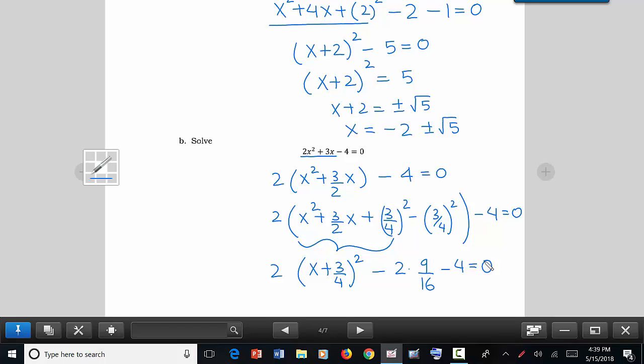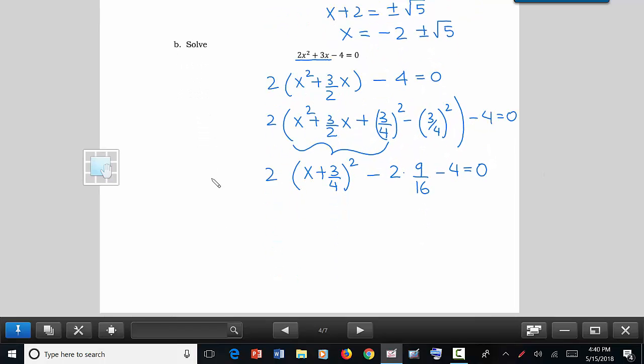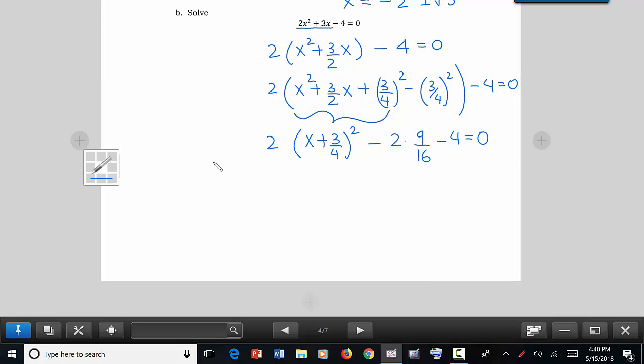Now it's all about solving. 2 times (x plus 3/4) squared equals, if you add that, how much will that be? Let me check. Use a calculator. 18 over 16 and then 64 over 16. 18 and 64, is that 92? Maybe not. It is 82.